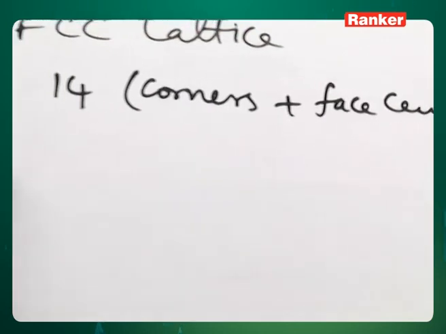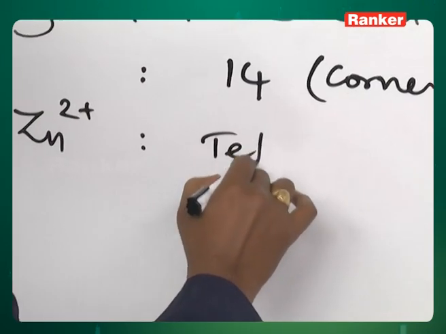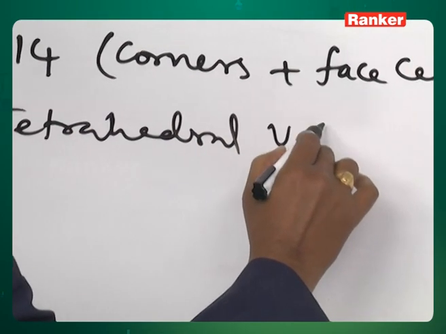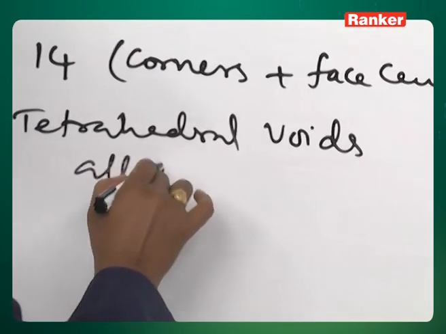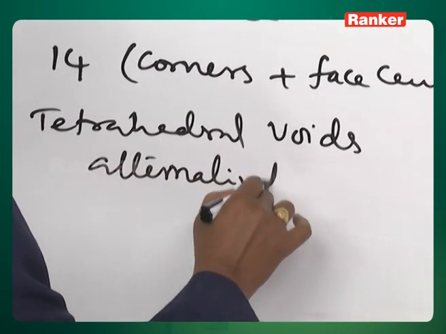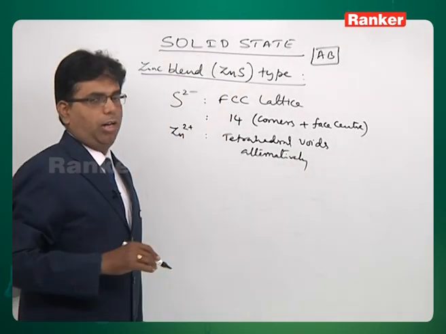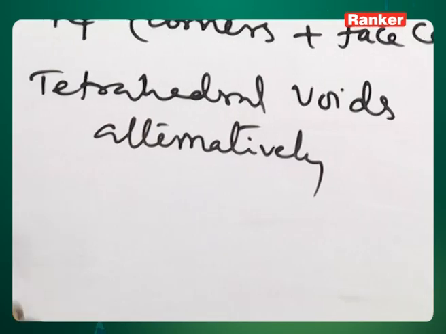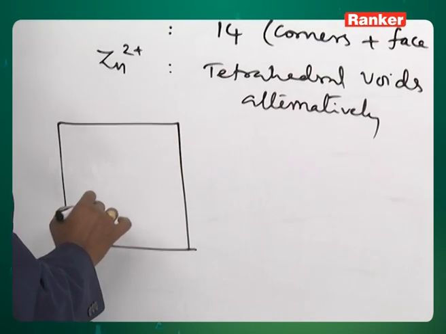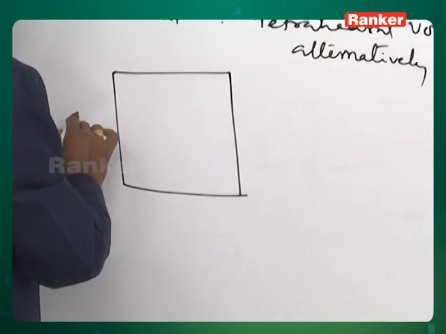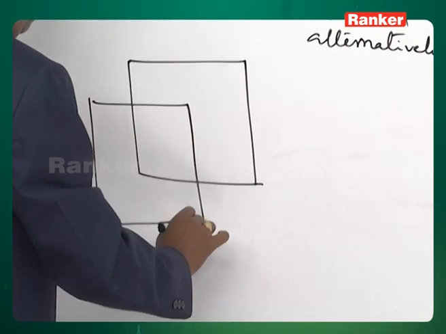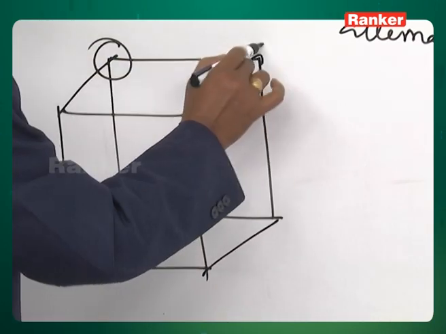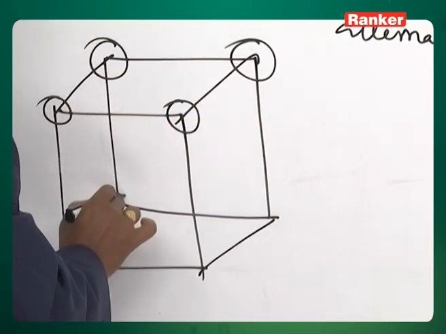Zinc ions occupy tetrahedral voids, alternately, not all the tetrahedral voids, only alternate tetrahedral voids. So, that means if we consider a cube, then all these are occupied again by sulfide.